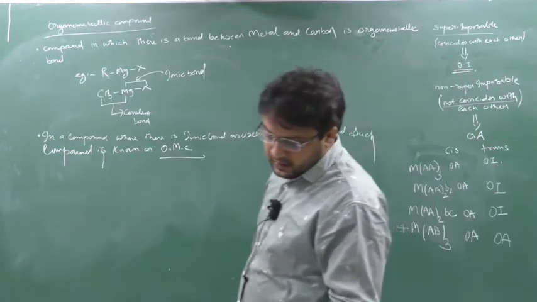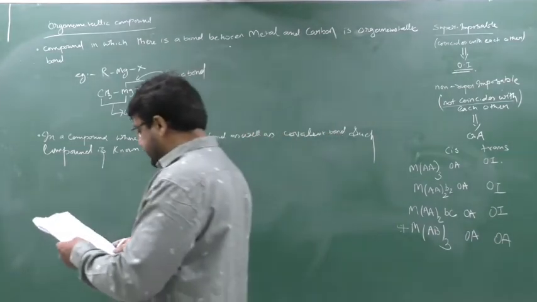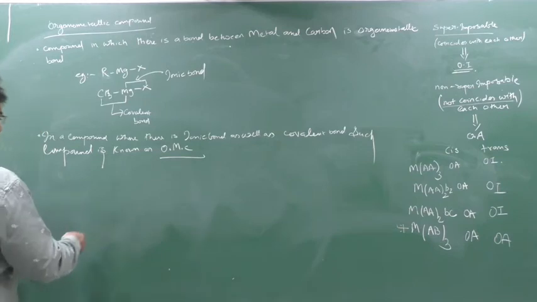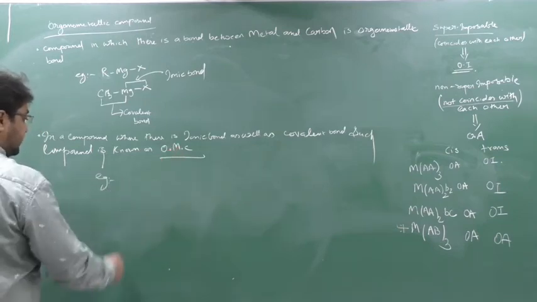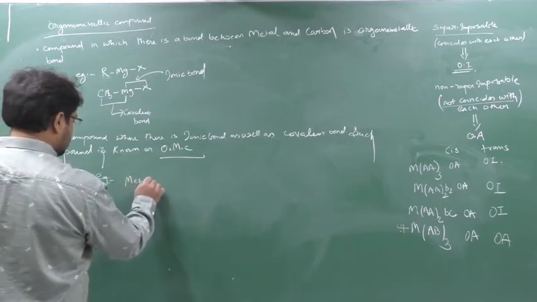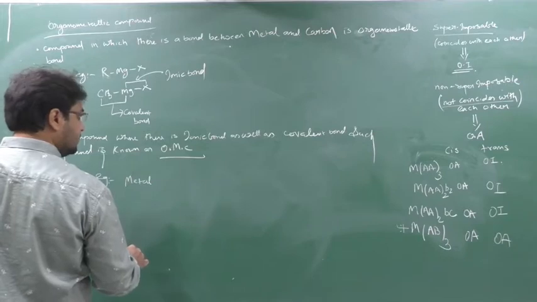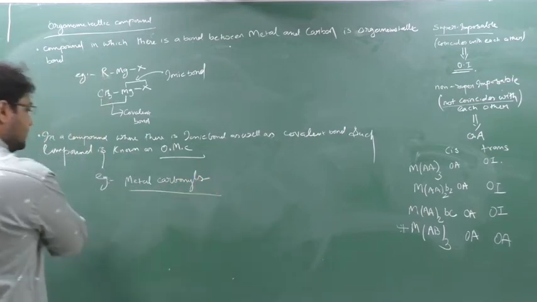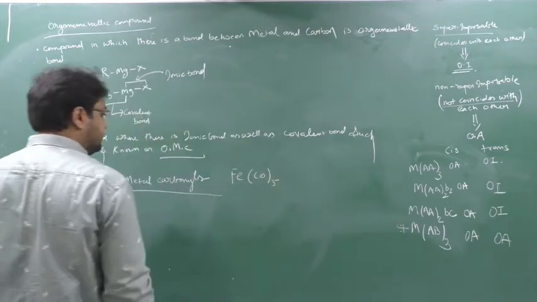Now, one more example, one more definition I can say. Based on this, I can take one more example like metal carbonyls. Example, iron pentacarbonyl, Fe(CO)5.